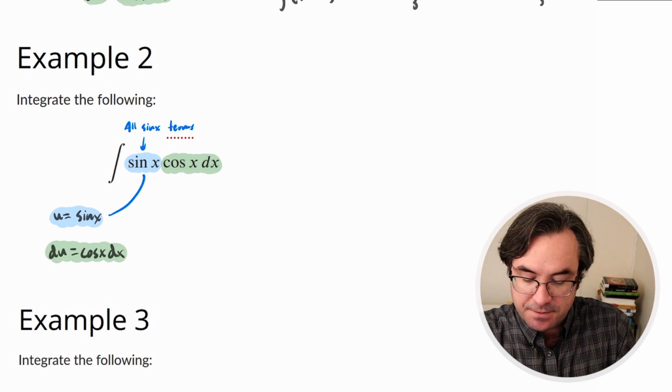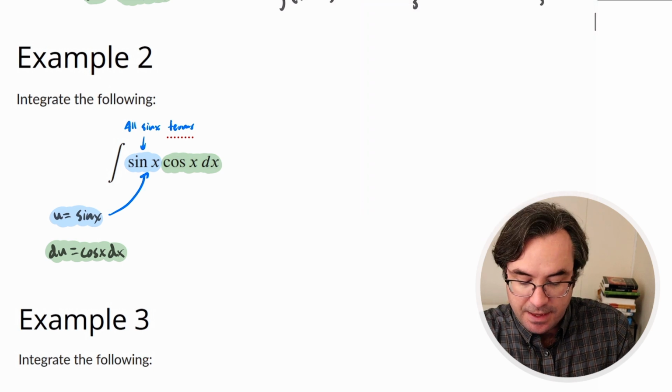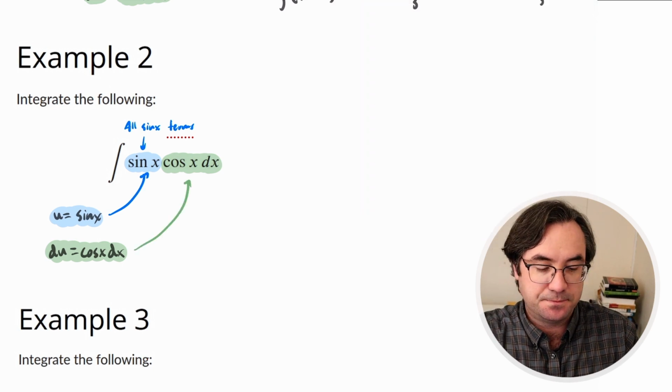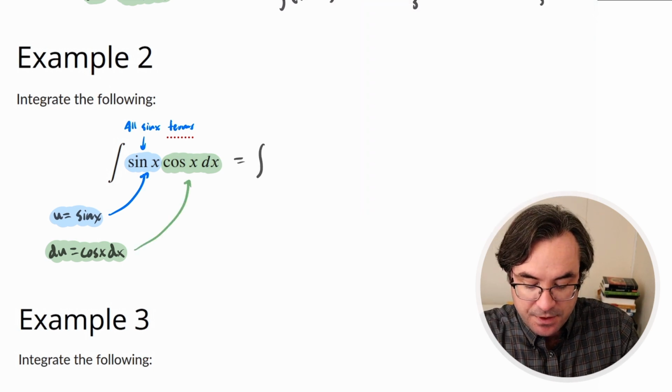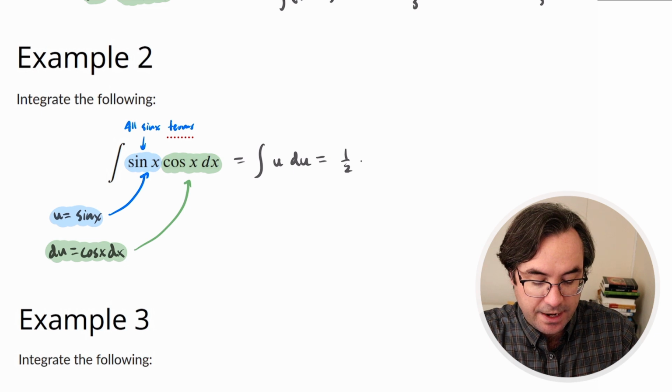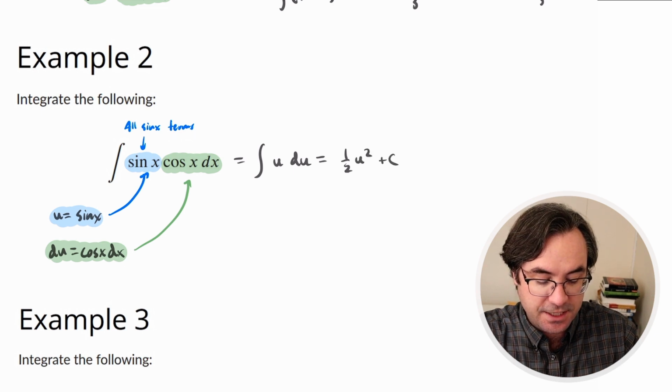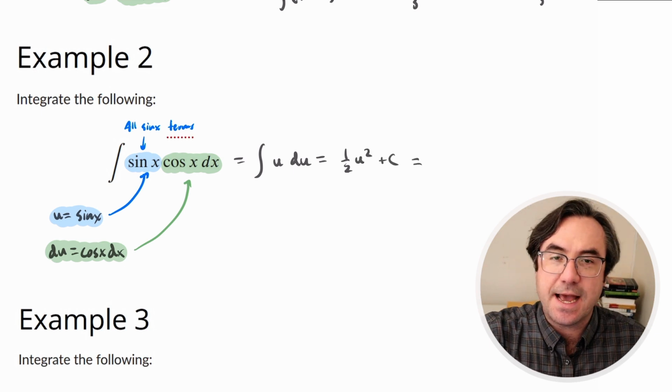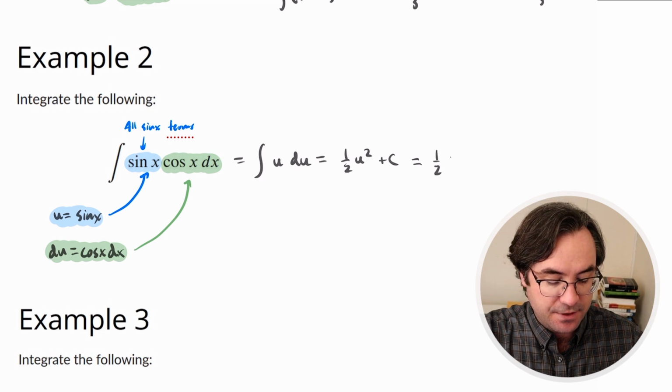So we can fill this in and then fill in our differential. And so we end up with the integral of u du, which is 1/2 u squared plus c, and then we convert back to x. So we get 1/2 sine squared plus c.